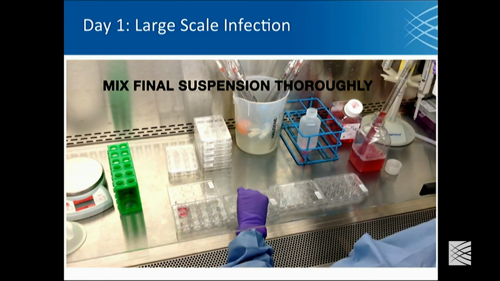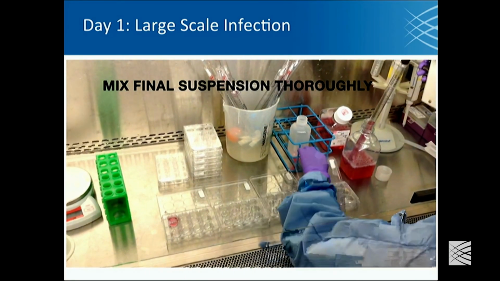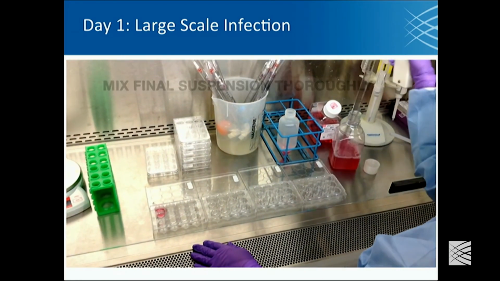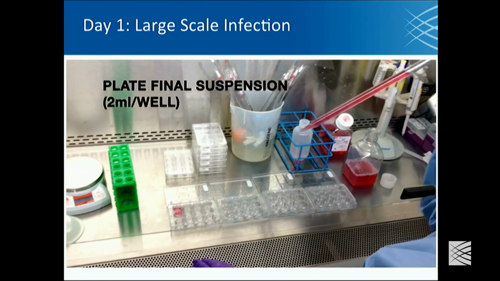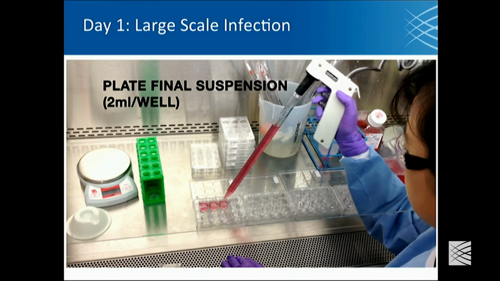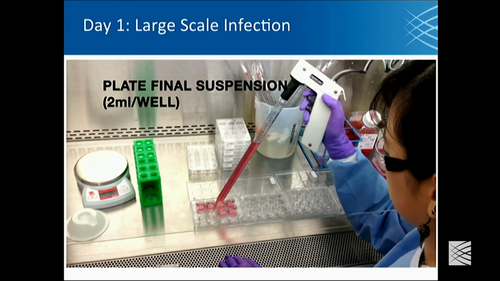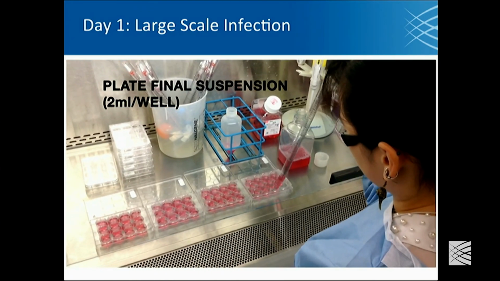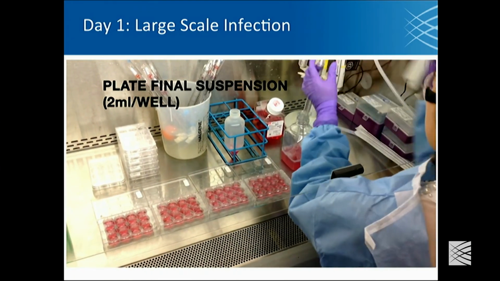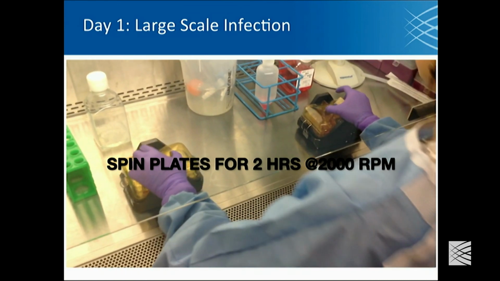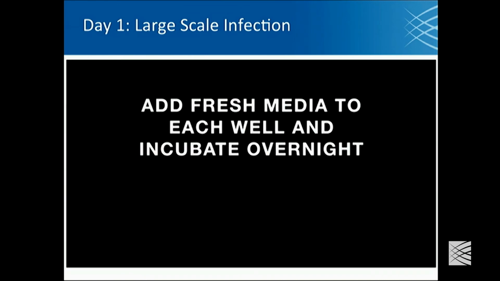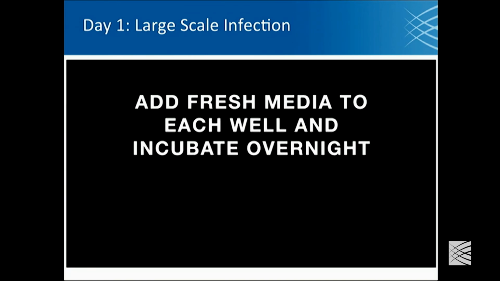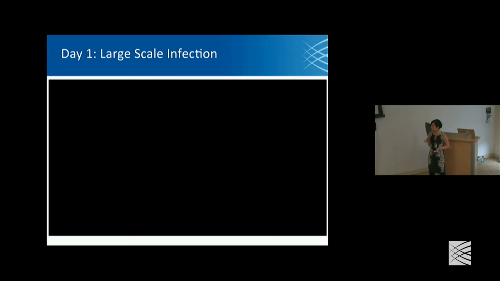Mix the final solution thoroughly and plate 2 milliliters of the solution into each well of your 12-well plate. Spin plates for 2 hours at 2,000 RPM. After the spin, add 2 mL of fresh media and incubate overnight.